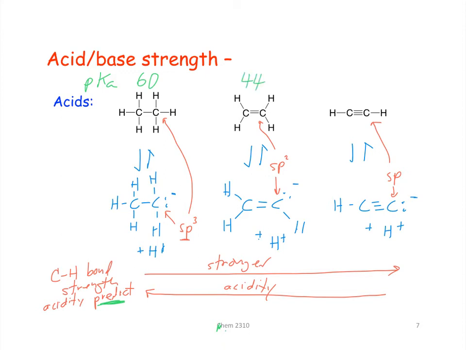And when we go to ethyne or acetylene, it goes all the way down to 25. Still pretty high, right? Which direction is the acidity increasing? The acidity is actually increasing as we go from left to right. So I'm not doing very well on my predictions here, right? In reality, the acidity increases going this way.